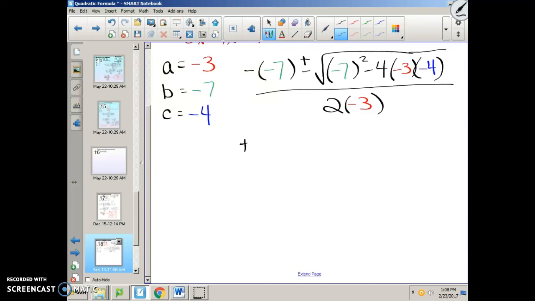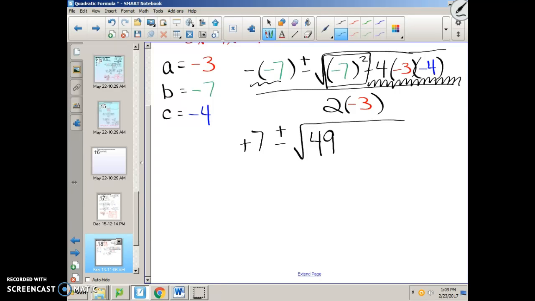Negative 7 becomes positive 7 plus or minus the square root of negative 7 squared is not negative 49. Negative 7 times negative 7 is positive 49. This spot will always end up being a positive. It might start as a negative, but a negative squared always equals positive. This is the part that gets a little bit crazy.